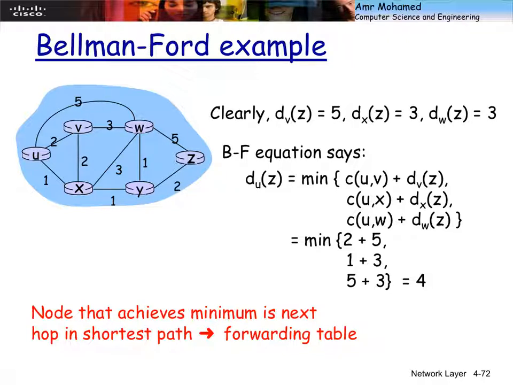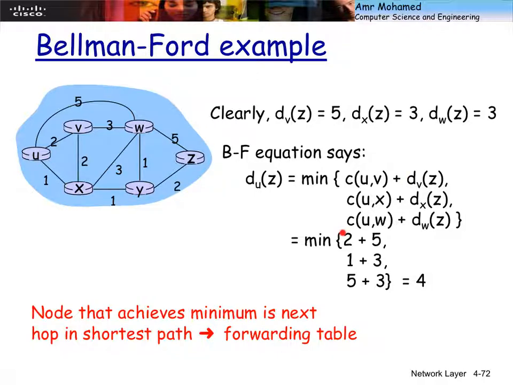If I have this information, then I can calculate the distance to Z by saying it is either the cost of UV plus VZ, or the cost of UX plus XZ, or the cost of UW plus WZ. And these costs I know, or assume that I know. Right? So I can put the equation like this, and then I can calculate UV plus VZ, UX plus XZ, UW plus WZ. And then the distance from U to Z is the minimum of these.